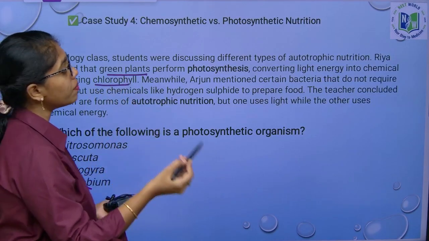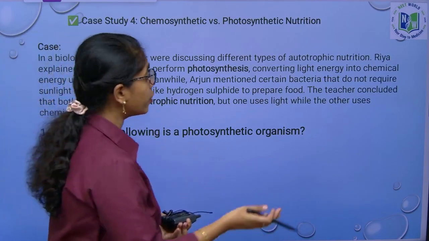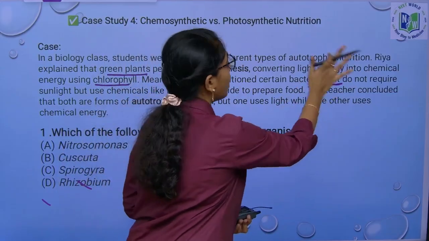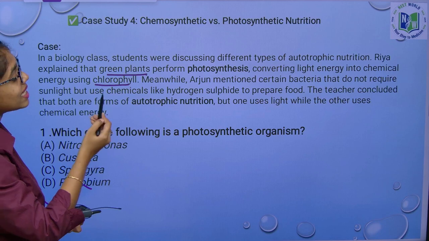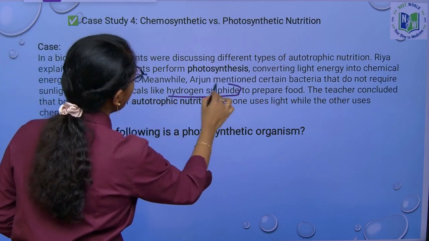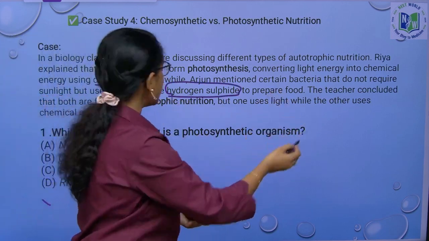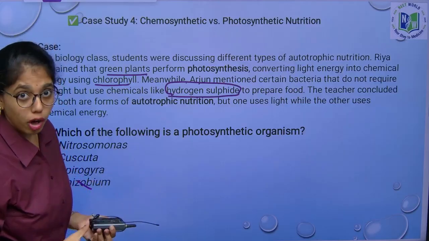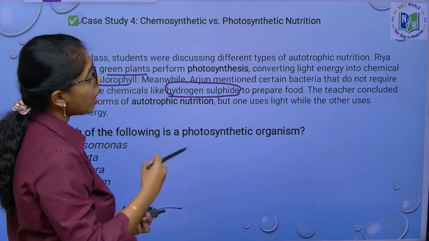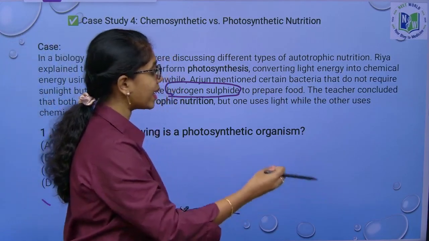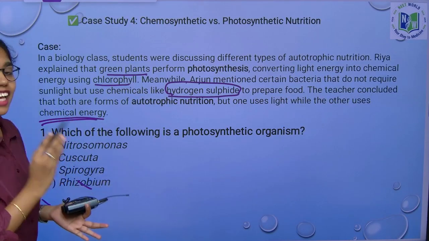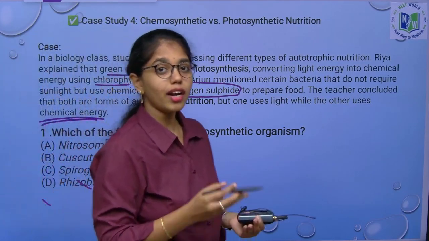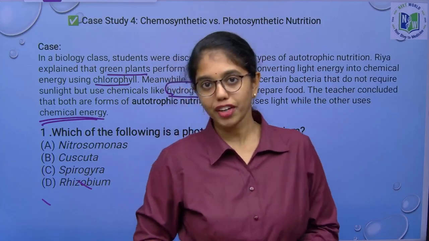Meanwhile, Arjun mentioned certain bacteria that do not require sunlight but use chemicals like hydrogen sulfide to prepare food. The teacher concluded that both forms are autotrophic nutrition, but one uses light while the other uses chemical energy. So this case study is based on autotrophic and heterotrophic nutrition.